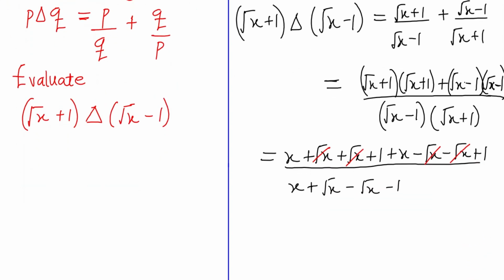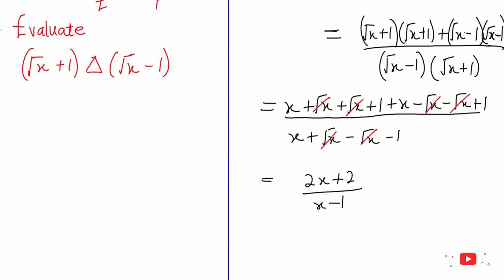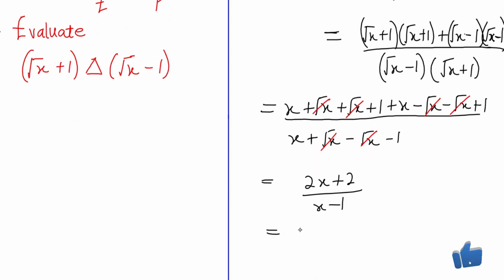So it implies that our solution now becomes: x plus x gives us 2x, and 1 plus 1 gives us plus 2, divided by, in the same way, this takes away that, and we are left with x minus 1. We can also further break this down by factorizing 2 out, and we are left with x plus 1 over x minus 1.